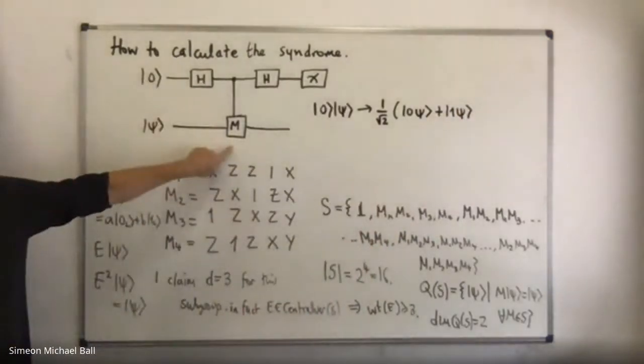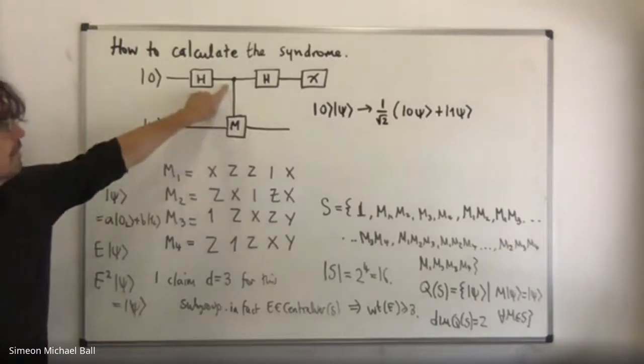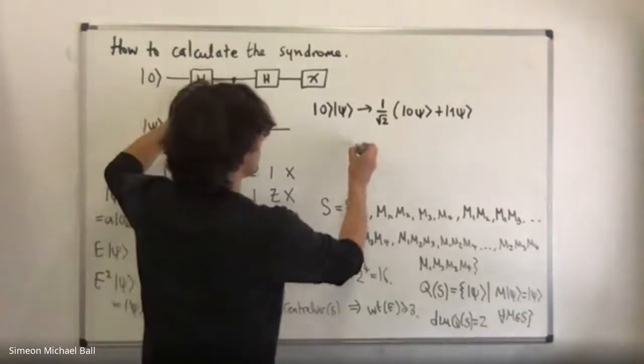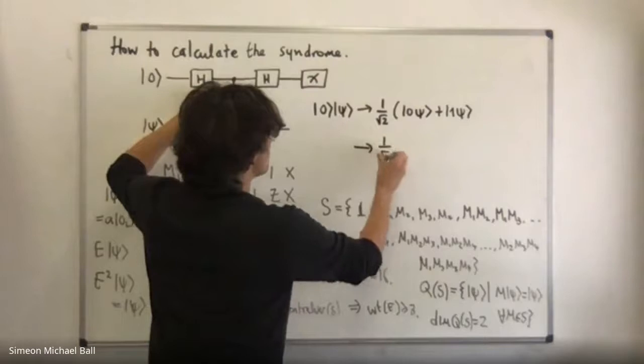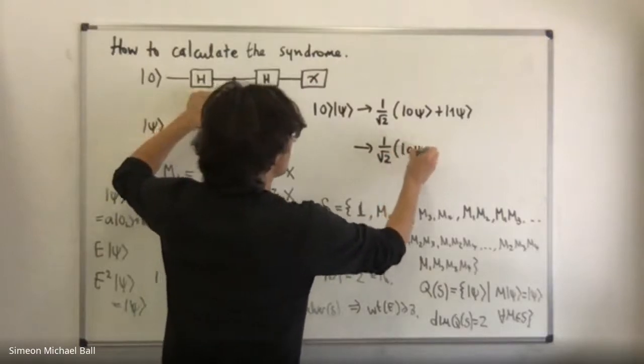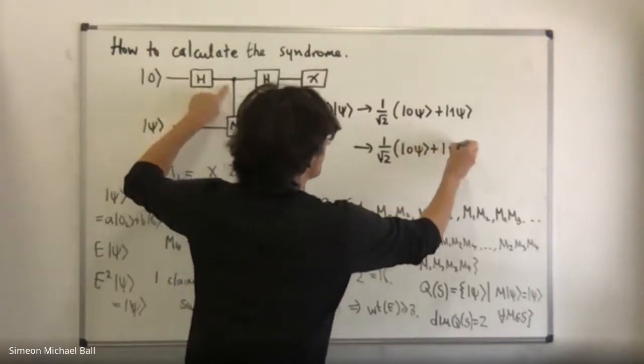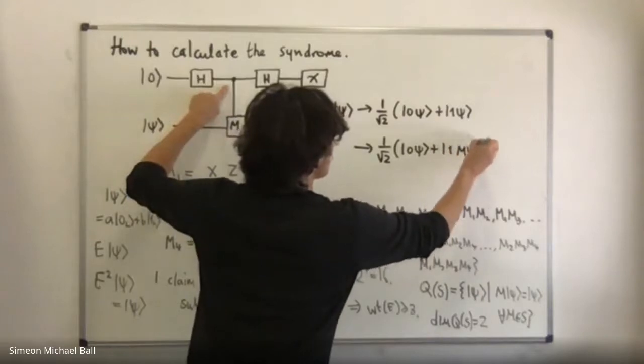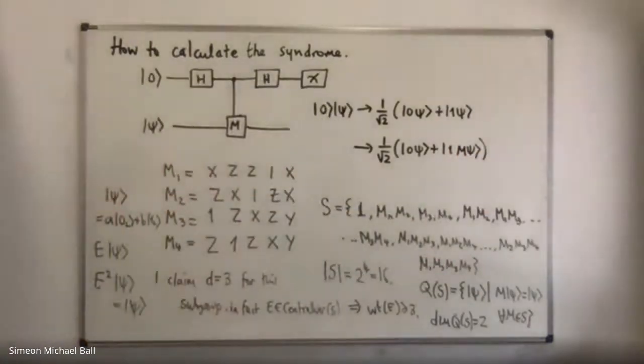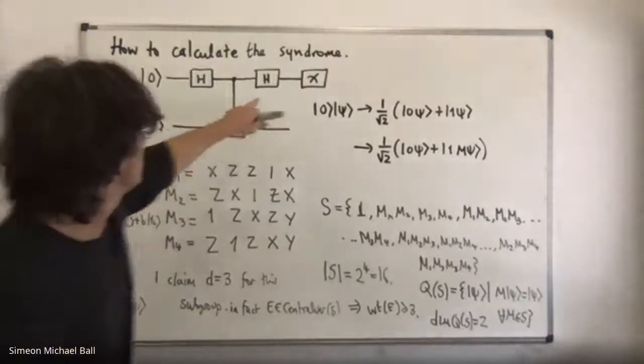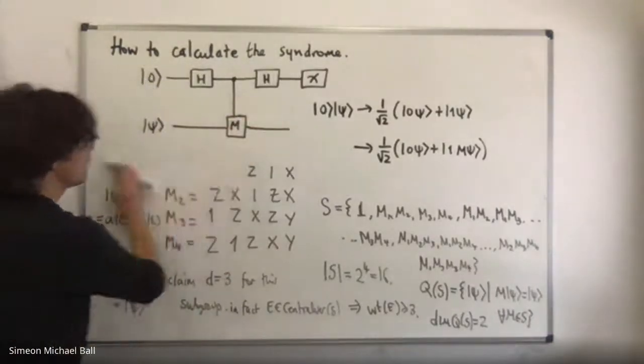And now we do a controlled M on the second qubit if the first qubit is set. Okay, so that goes to, and now we get M. And now I'm applying this Hadamard to the first.